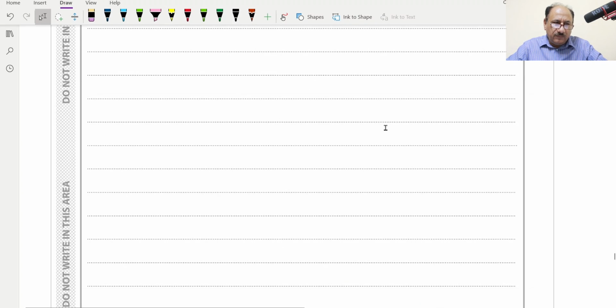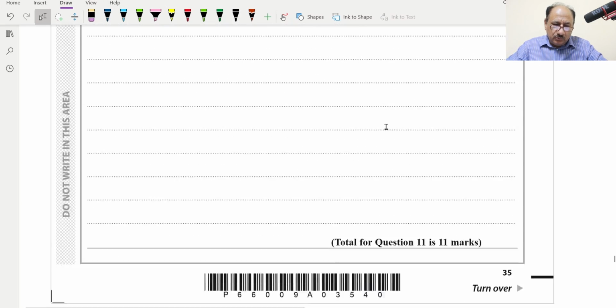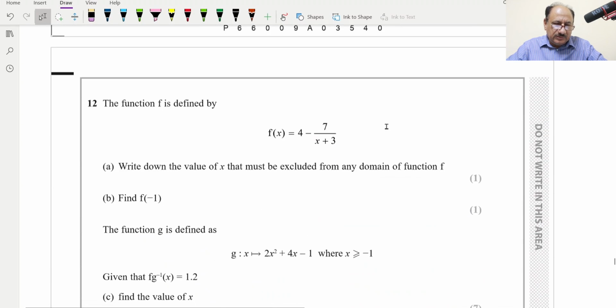Now we can move to question number 12. Question number 12 says the function f is defined by this one. This is basically the function, and write down the value of x that must be excluded from the domain of the function f.